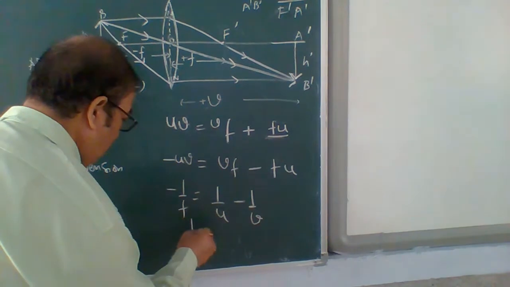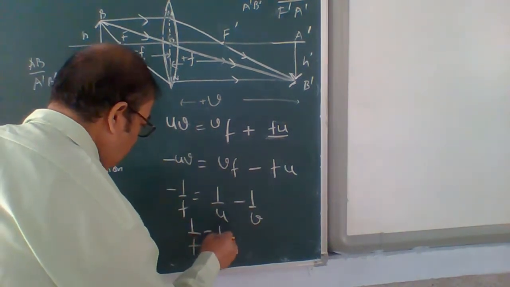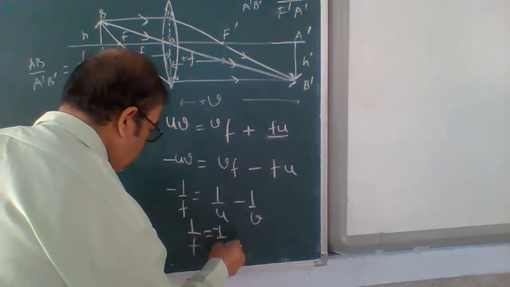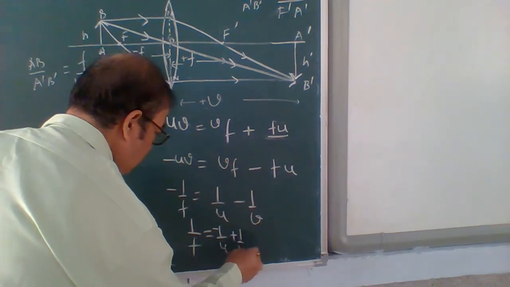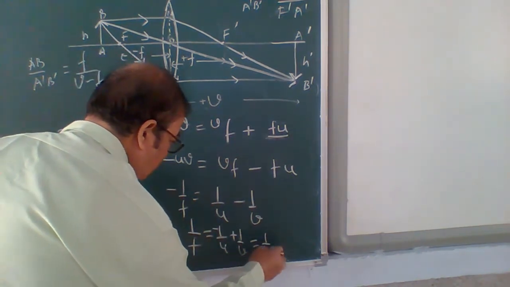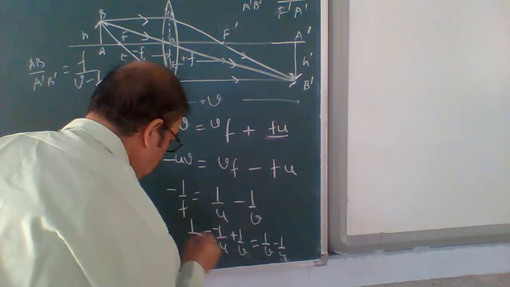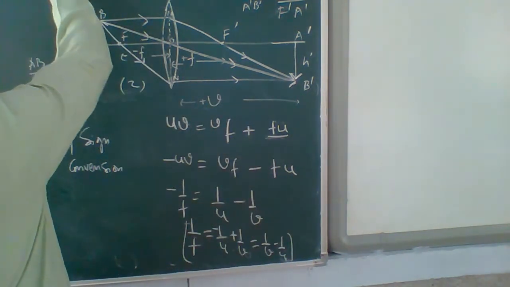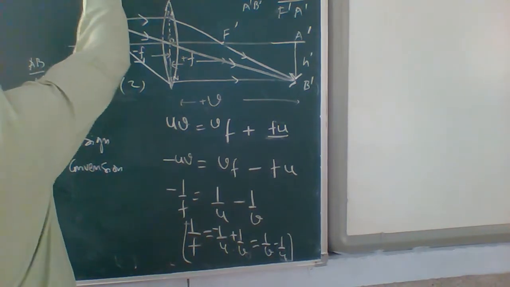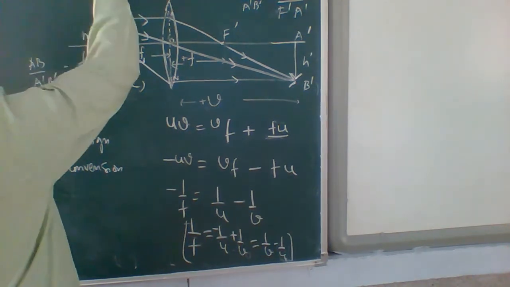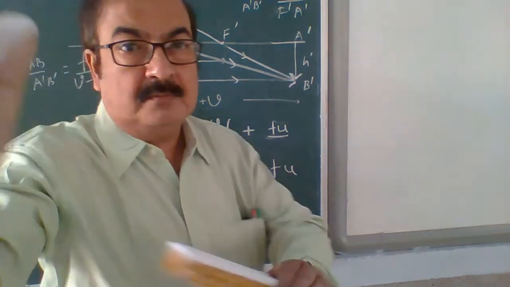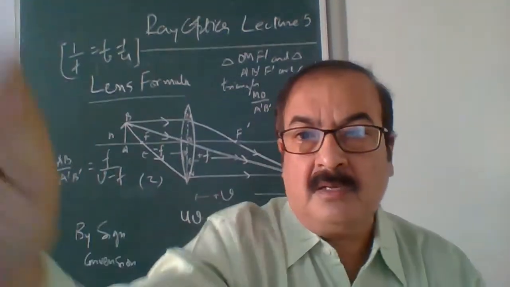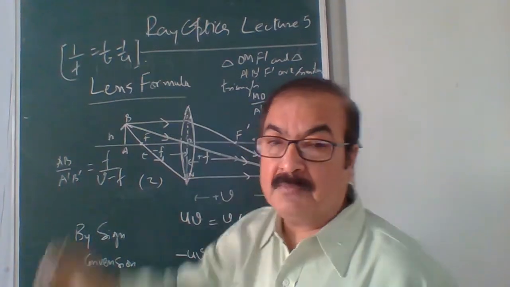We have 1 upon F equals minus 1 by U plus 1 by V, that means 1 upon V minus 1 upon U. Therefore, 1 upon F equal to 1 upon V minus 1 upon U is our lens formula. It is our lens formula that we have derived.